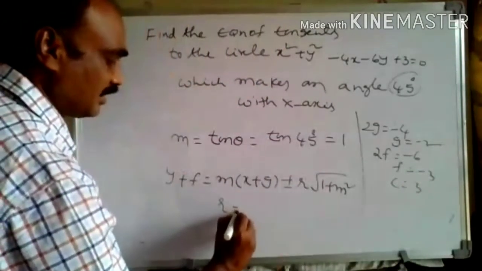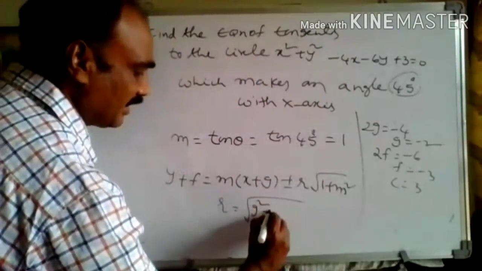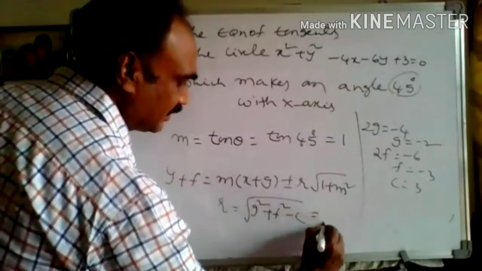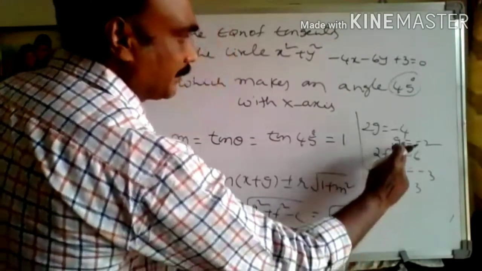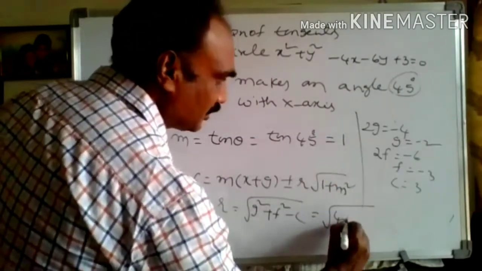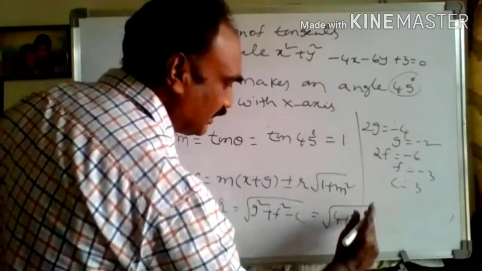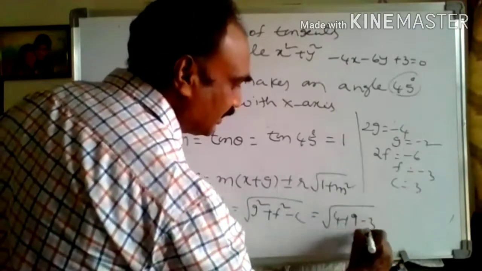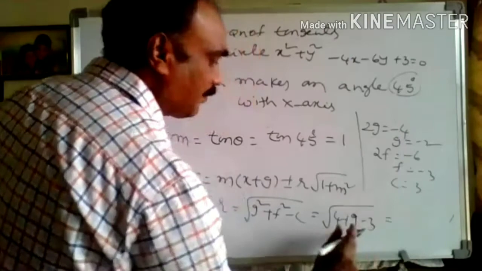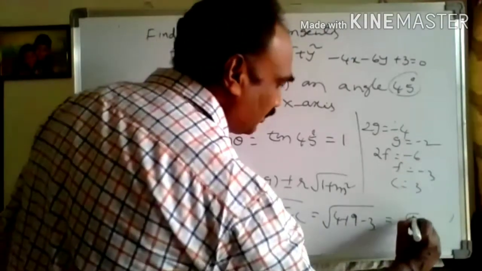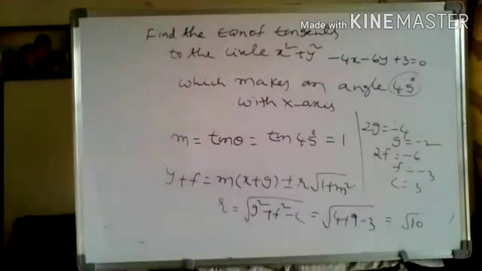Next, the radius is √(g² + f² − c), that is √((−2)² + (−3)² − 3) = √(4 + 9 − 3) = √10.